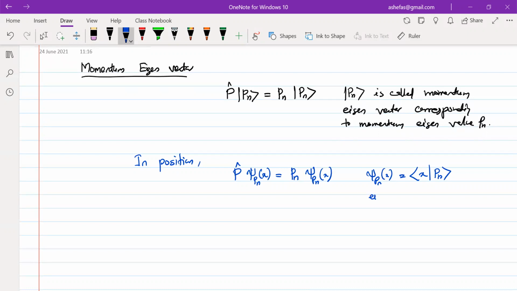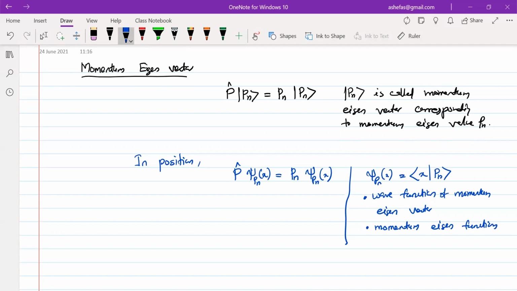Sorry, it's called the wave function in general. Since it is the wave function of the momentum eigenvector, therefore this can also be called a momentum eigen function.